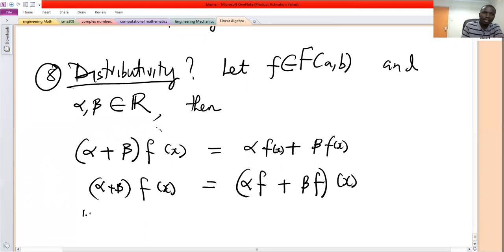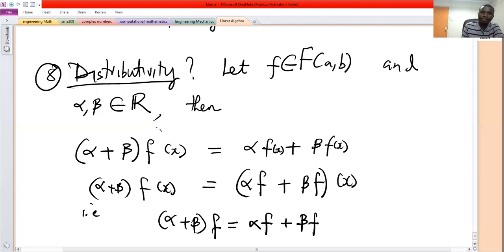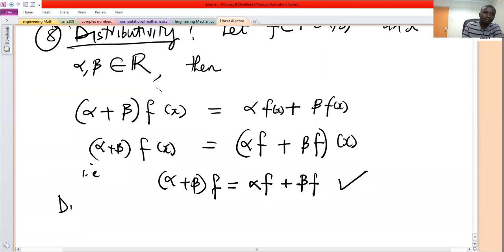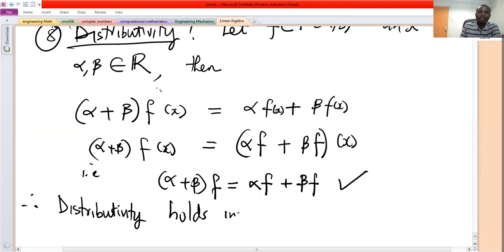So this means alpha plus beta f equals alpha f plus beta f. And actually this is what we want to prove. So distributivity also holds. So therefore distributivity holds in F. Remember this is for all x values in the interval AB.